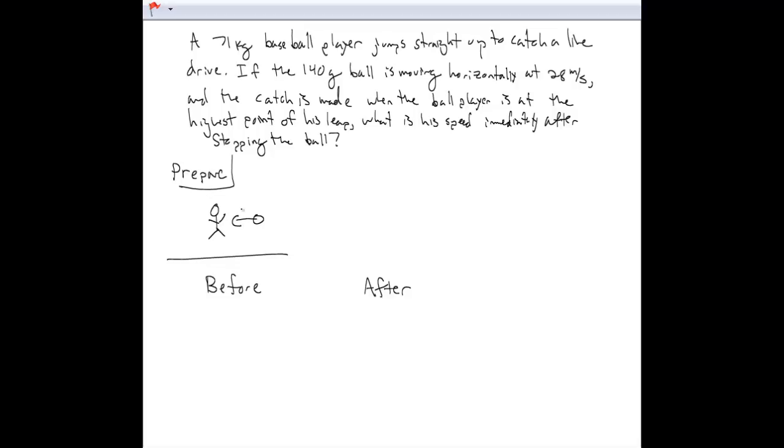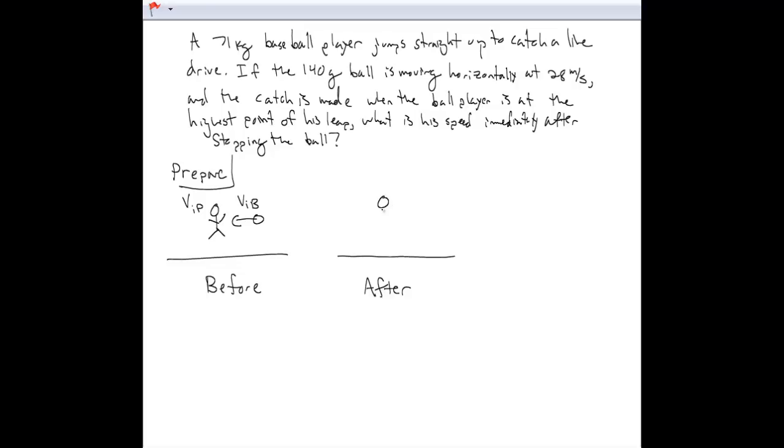Of course, the baseball is drastically out of proportion compared to him. Let me say that the initial velocity of the baseball is v_iB, and the initial velocity of the player is v_iP, just to give them some labels. That's our usual routine whenever we're solving a problem: we draw our pictures and then we label everything.